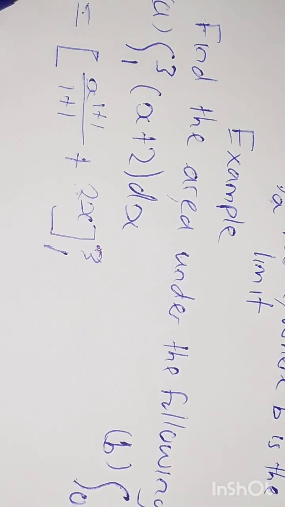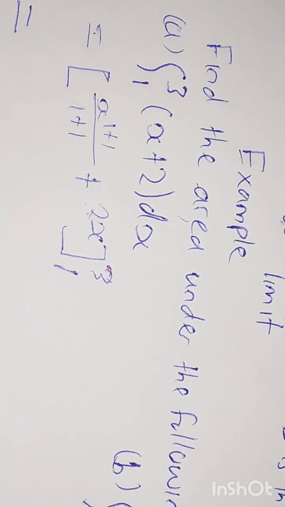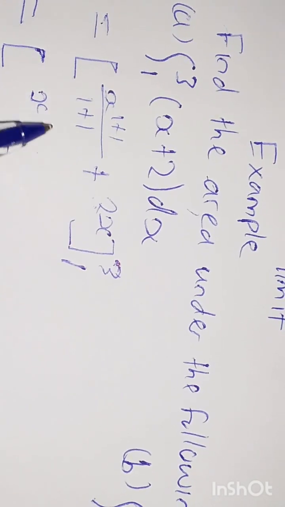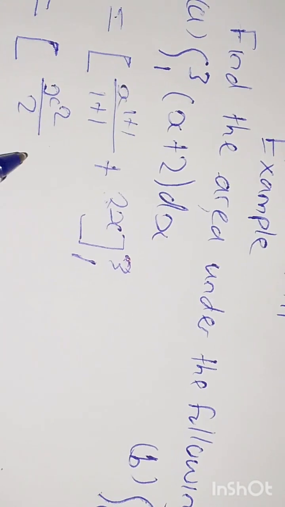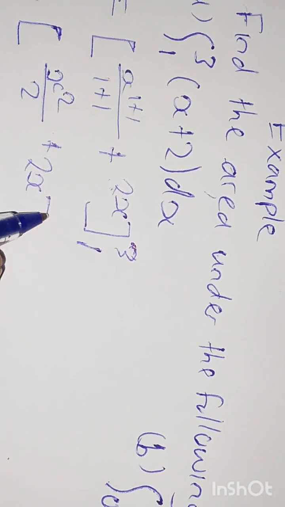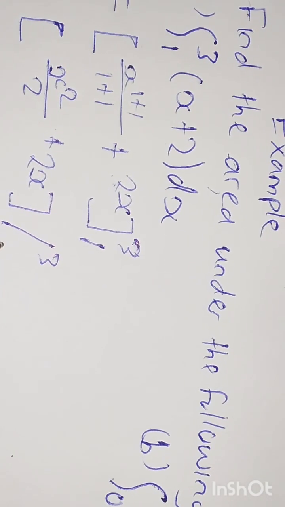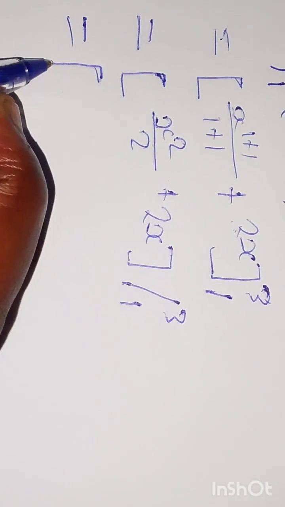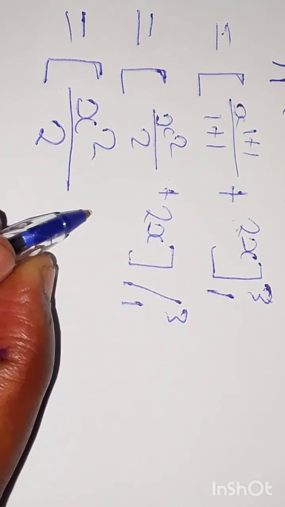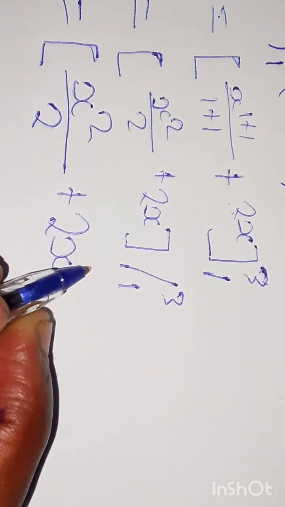So x to the power 1 plus 1 is x squared over 2 plus 2x. Let me write it properly: open x squared over 2 plus 2x.